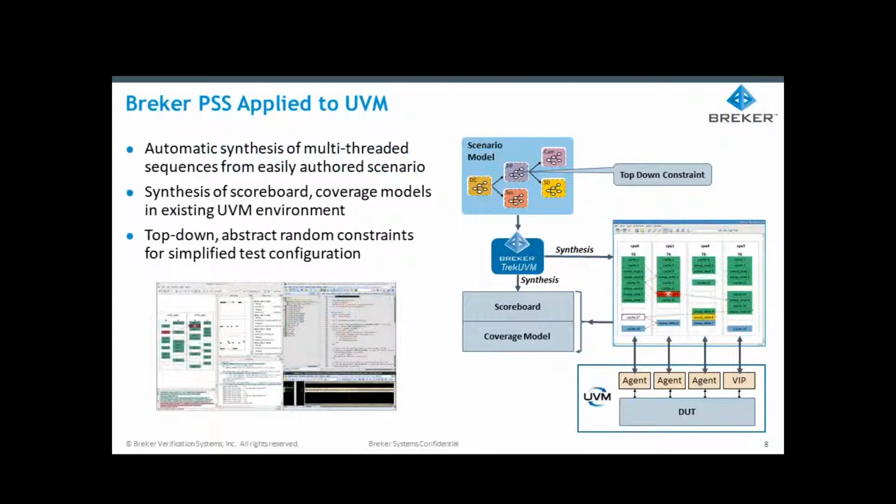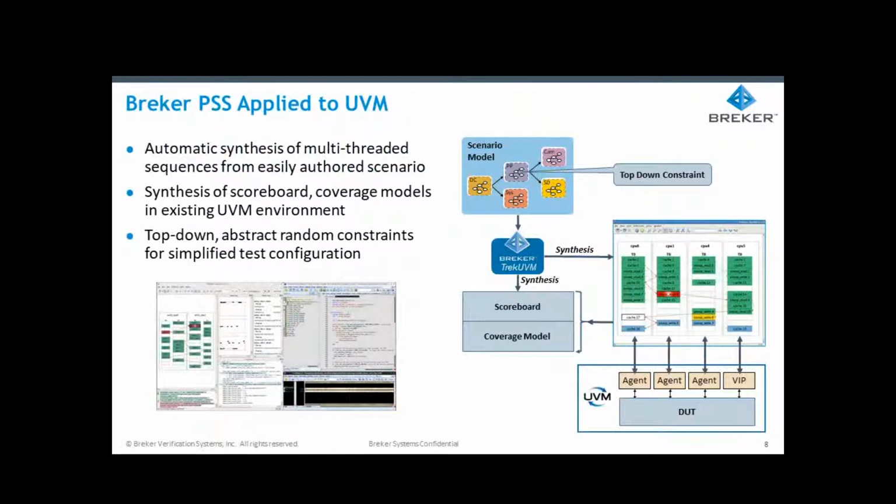So, for example, for a UVM block system, for small UVM tests, portable stimulus is probably overkill. But when you get to fairly large blocks or subsystems, you have a lot of ports you're trying to drive sequences into, the testing gets much more tricky. And if you're trying to generate sequences that go on multiple ports and synchronize them together, this can get pretty complex. So what we can do with portable stimulus is generate a high-level scenario model and use that as essentially a virtual sequencer to generate UVM sequences into an existing UVM test bench.